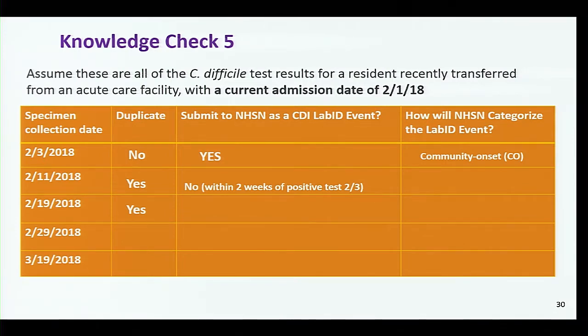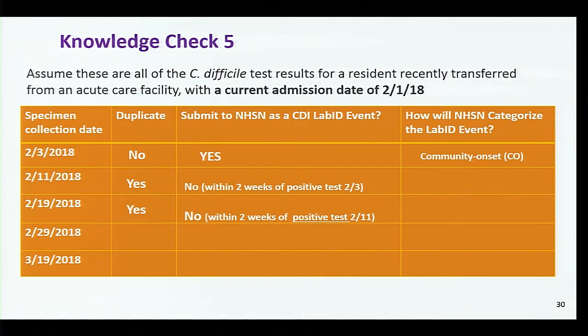Even though we did not report the specimen on 2/11 to NHSN, you have to keep up with that line list to know that it's a duplicate, because if you enter this, NHSN only knows the specimen that was collected on February 3rd, right? NHSN does not know about the specimen that was collected on February 11th because it wasn't entered, because it was a duplicate. So this demonstrates the importance of keeping up with your line list to know what's considered duplicate and what is not. So we would not submit the duplicate to NHSN.